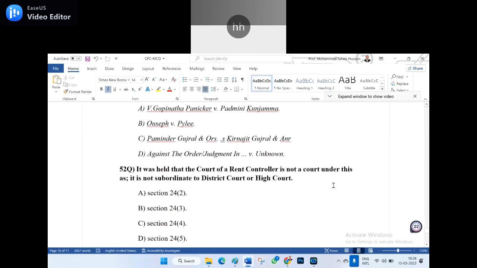So 52nd question. It was held that the Court of Rent Control is not a court under this, as it is not subordinate to the district court or high court. Which section says? A. Section 24(2), B. Section 24(3), C. Section 24(4), D. Section 24(5).